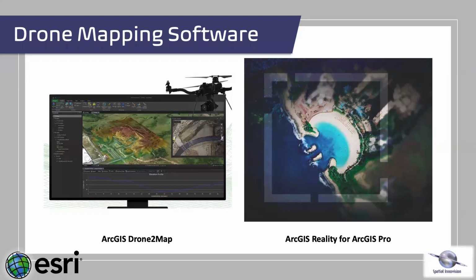As a 2D and 3D photogrammetry app, Drone2Map lets you create the output you need, including orthomosaics, 3D point clouds, and texture meshes, and then easily share them with your ArcGIS organization for greater collaboration and awareness.